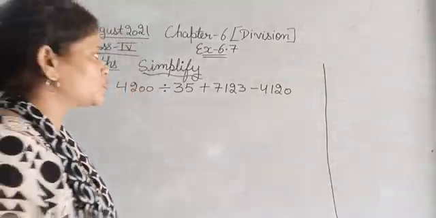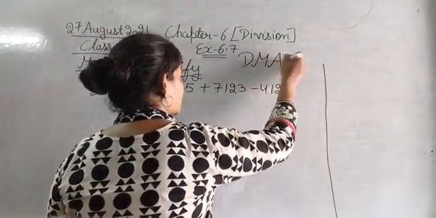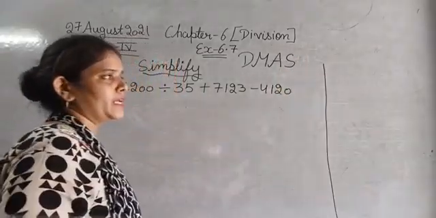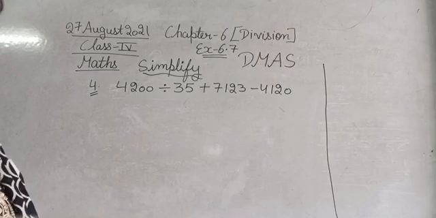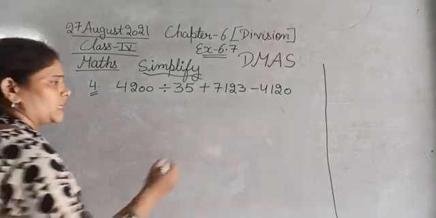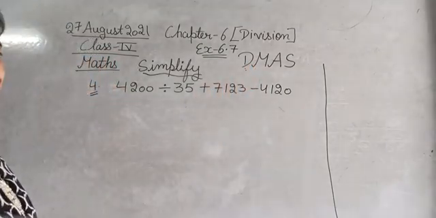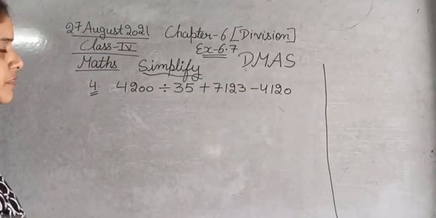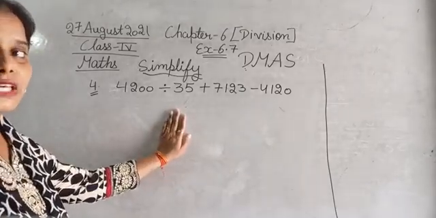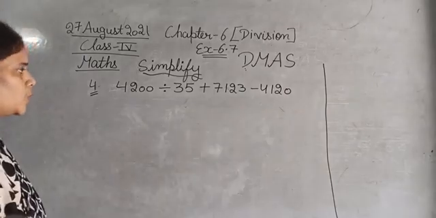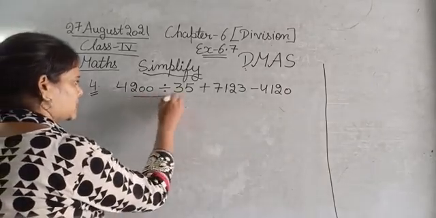So we will follow the rule of DMAS to solve this. D stands for division. So first of all we are going to do the division. Here we can see the division is here, so we have to divide these numbers first.